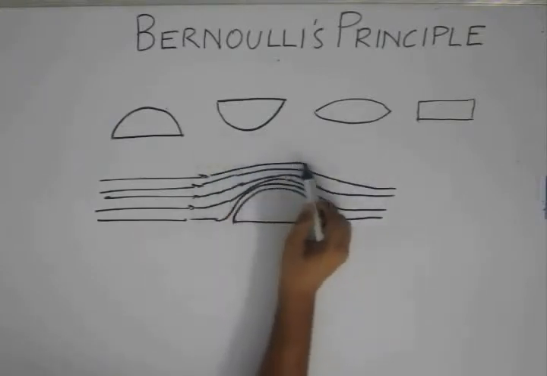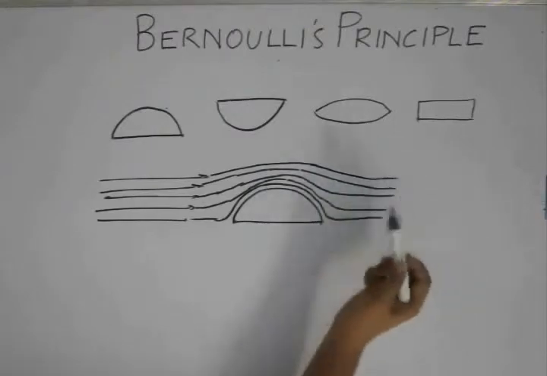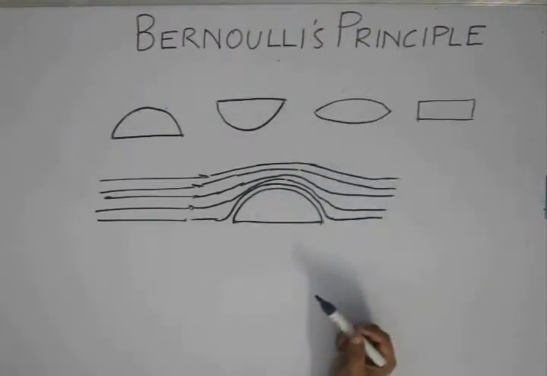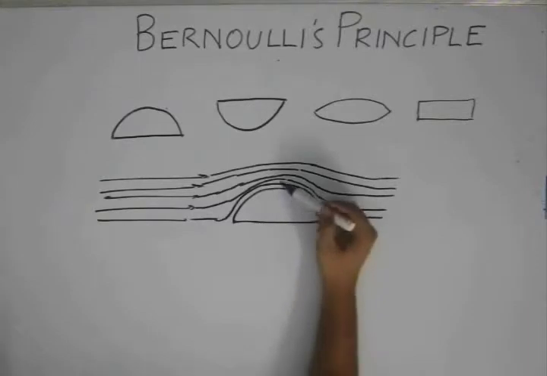Say this goes in this sort of fashion. Now, because the streamlines get close here, the pressure here will be decreasing, because the velocity of the wind is increasing here. If velocity increases here, the pressure will be decreasing.